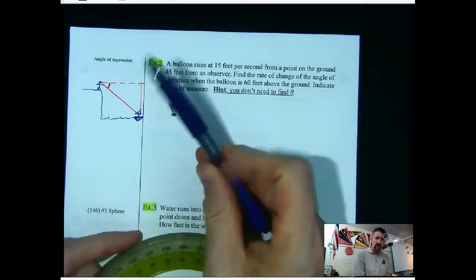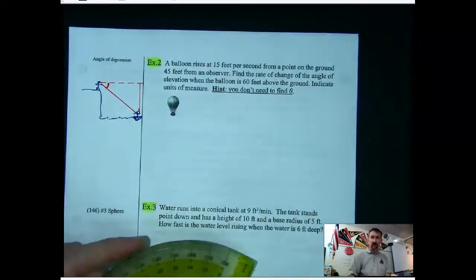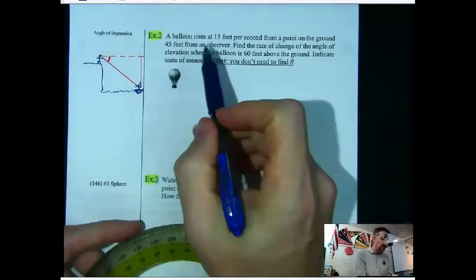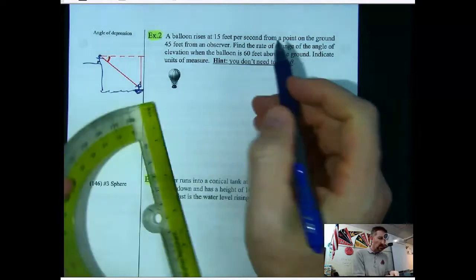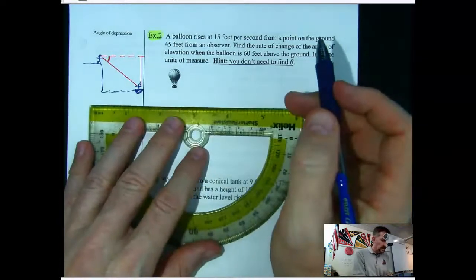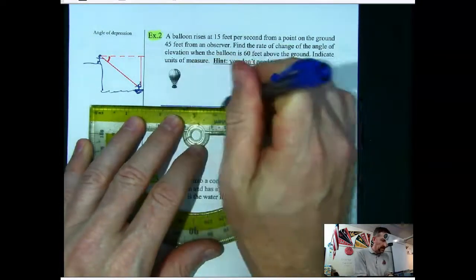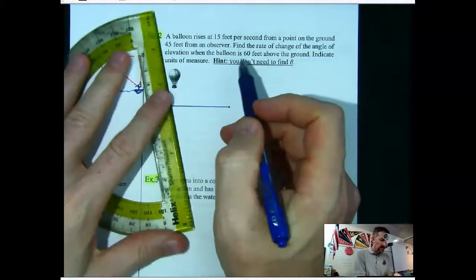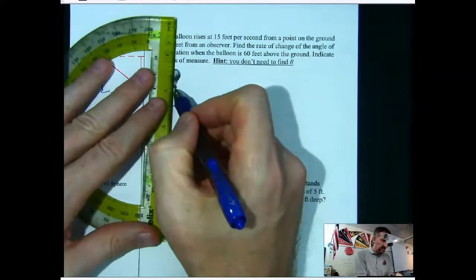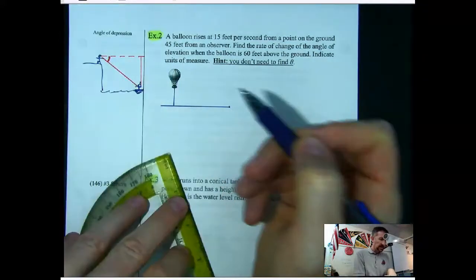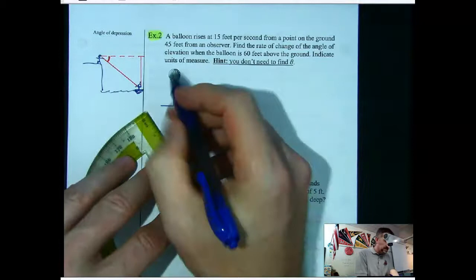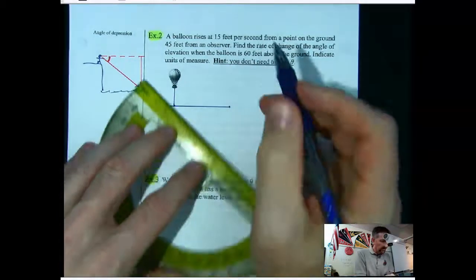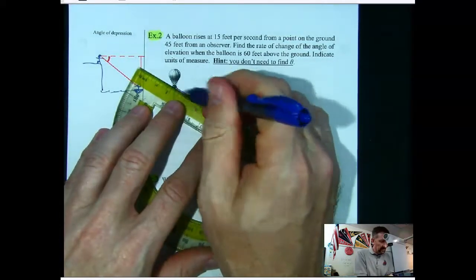Steps 1 and 2 are to draw a picture and write down all the information that we can. So a balloon rises at 15 feet per second from a point on the ground. So we need the ground here, and it rises from a point on the ground, so that's right here. And that point is 45 feet away from somebody who's looking up at that balloon.